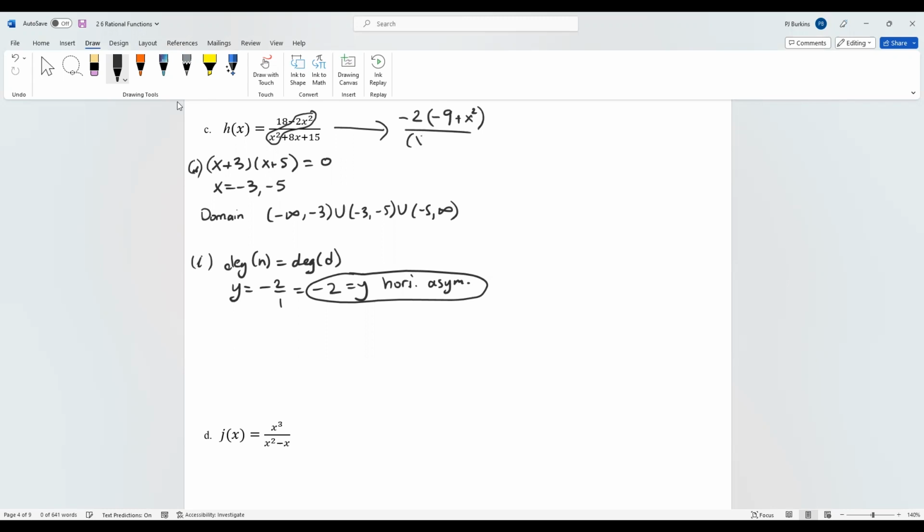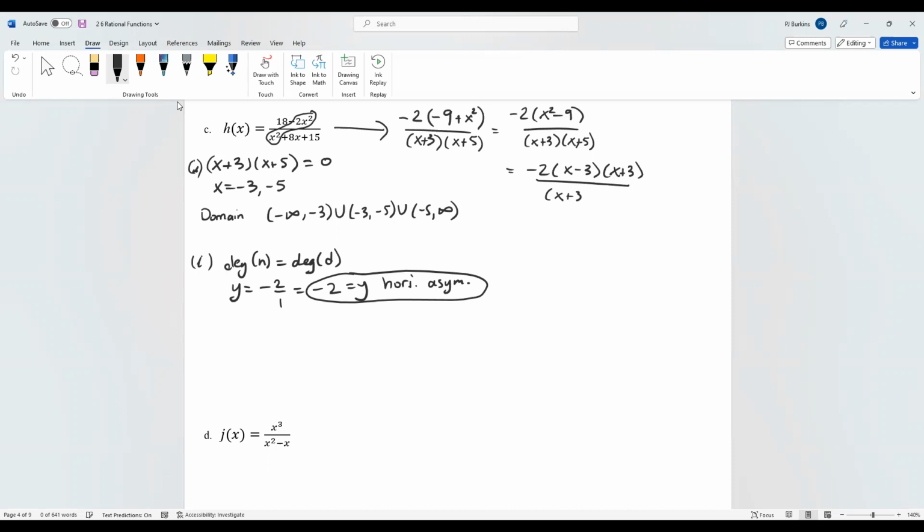And then our denominator we've already successfully factored as x plus 3, x plus 5. And so I'm going to rewrite this now as x squared minus 9. And you might recognize that as a difference of two perfect squares. And so that's going to factor as x minus 3, x plus 3.